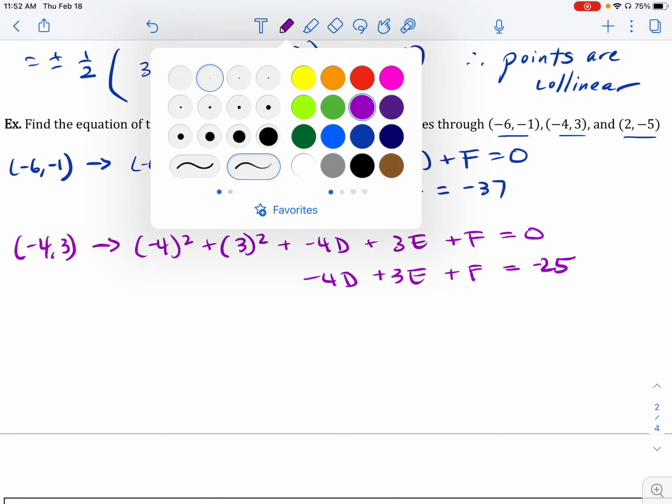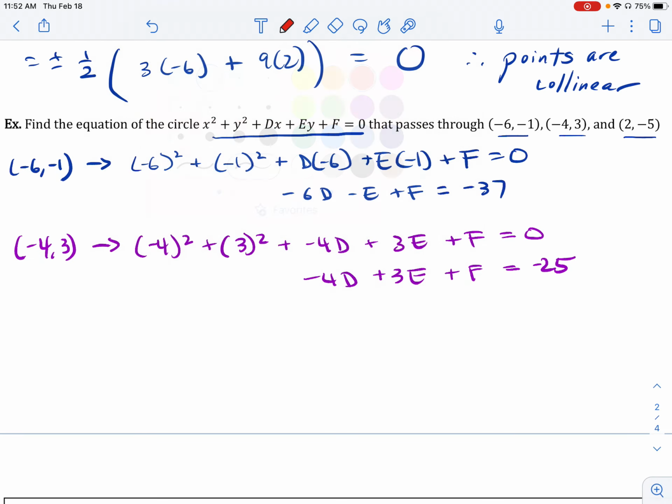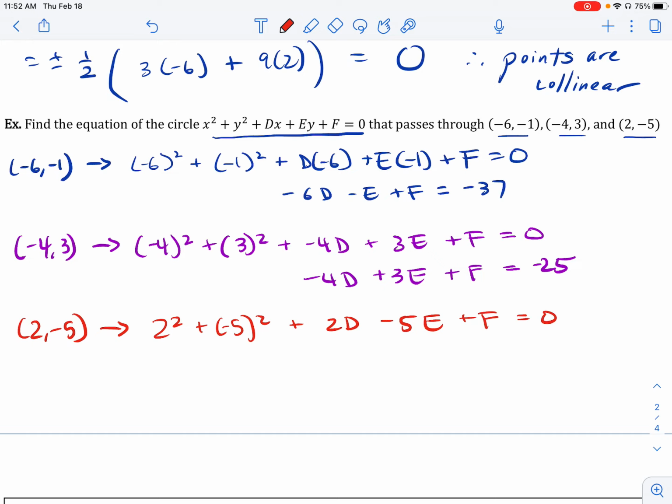And then finally, let's do this last one in red. We've got 2, -5, and write this as 2 squared plus -5 squared plus 2d minus 5e plus f is equal to 0. So then I can write this as 2d minus 5e plus f is equal to 4 plus 25, that's -29 here.